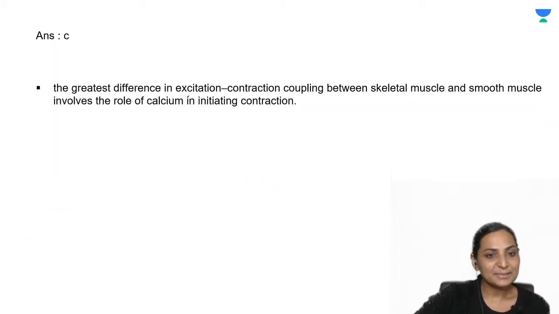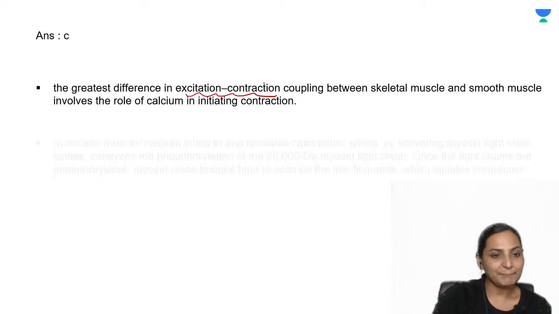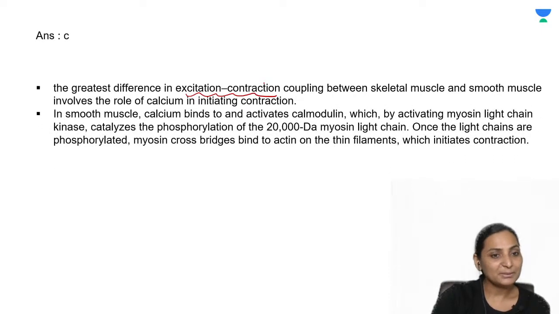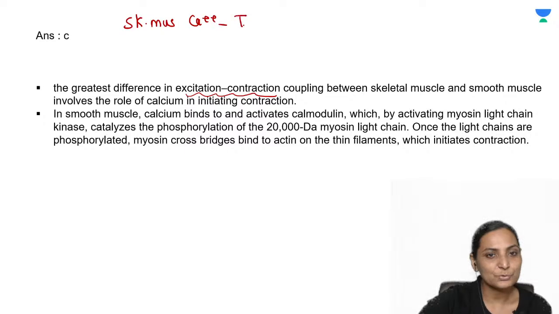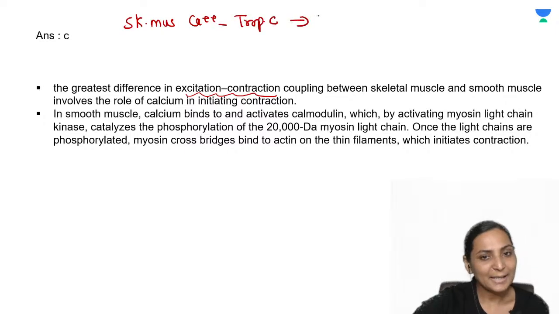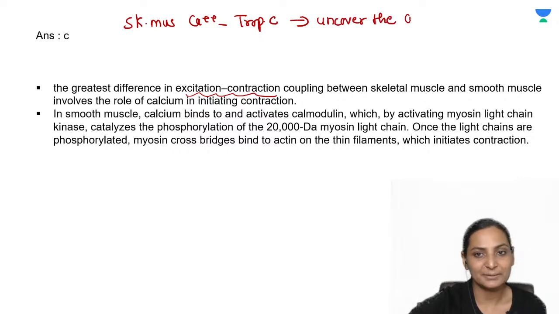So the difference is the excitation contraction coupling that is occurring. You remember that in the skeletal muscles, the calcium is going to bind to troponin C, and this is going to uncover the active sites of actin, and this is then going to form cross bridges with myosin.